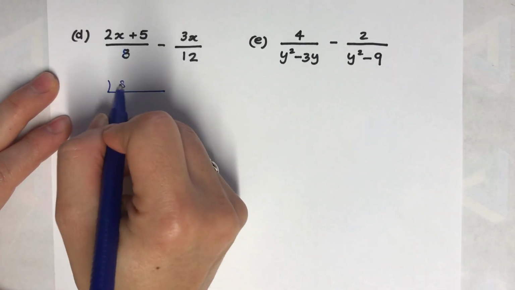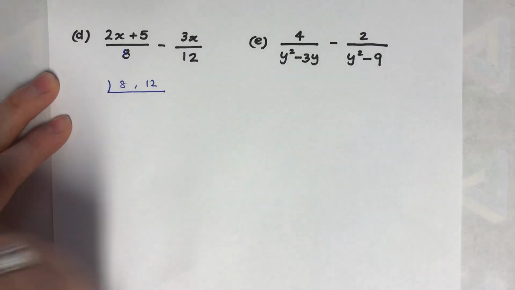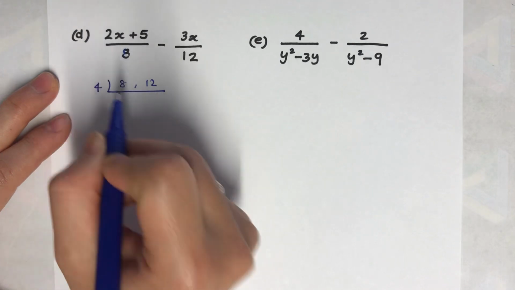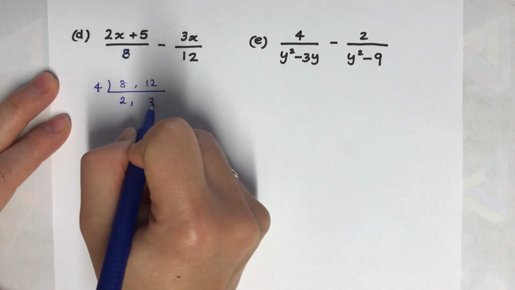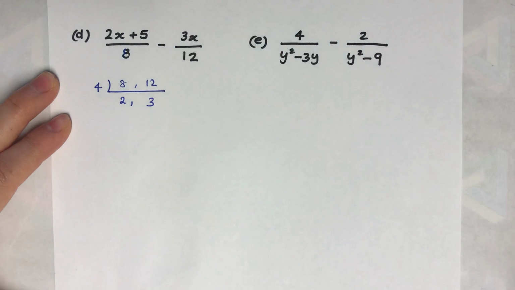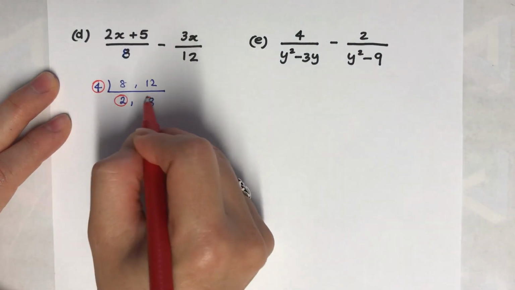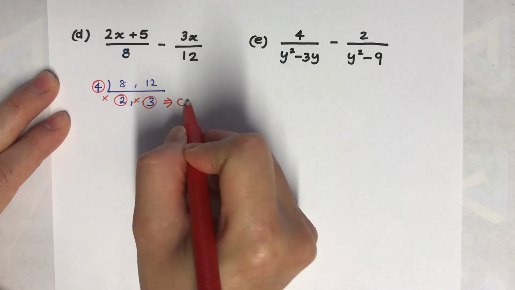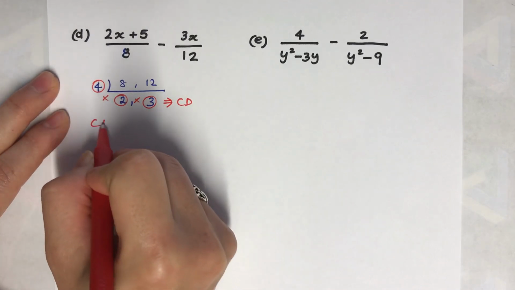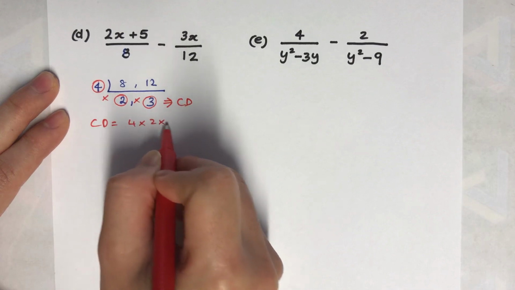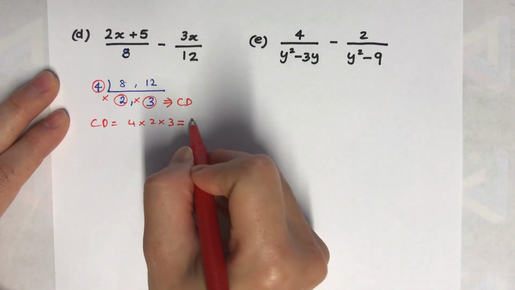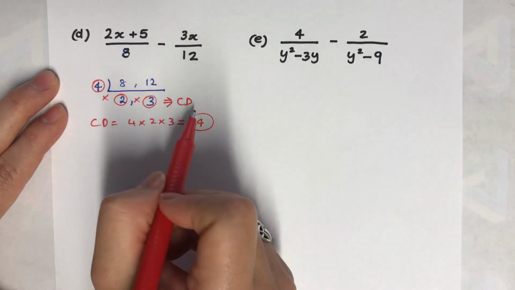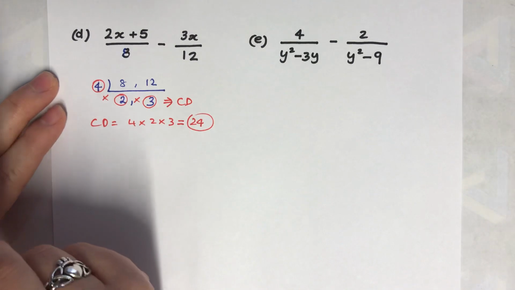I put 8 and 12 here and see if you can find a common factor. You can do 2 or 4. I'm just going to go with 4. It goes into 8 twice, into 12 three times, and you can't do any more. When you times all these, that becomes your common denominator. So the common denominator here is 4 times 2 times 3, which is 24. 8 goes into 24, and 12 goes into 24. Excellent.